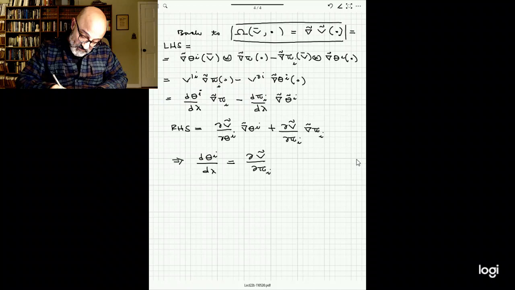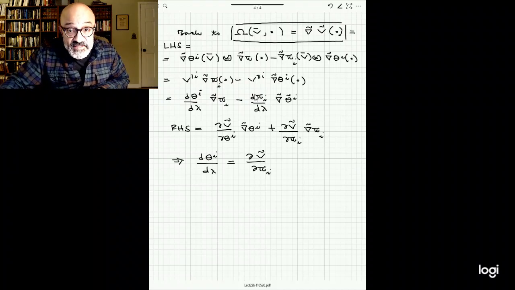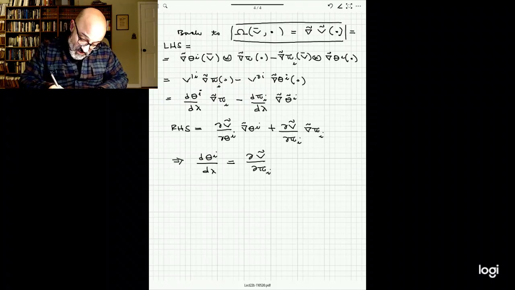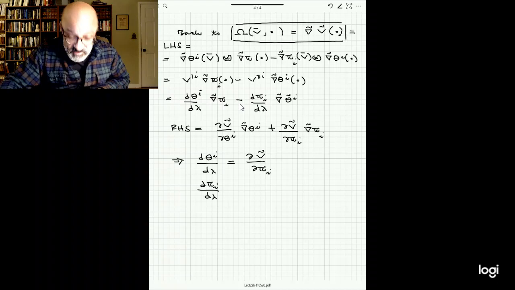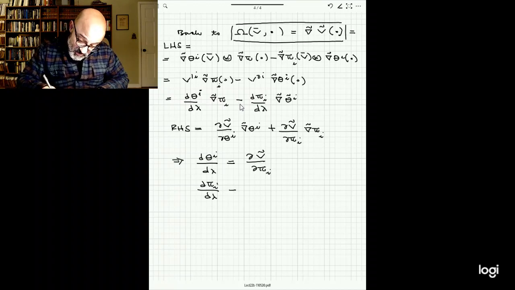And when we look at the second term, d pi I over d lambda, there is a minus sign there. It is equal to minus dV over d theta.